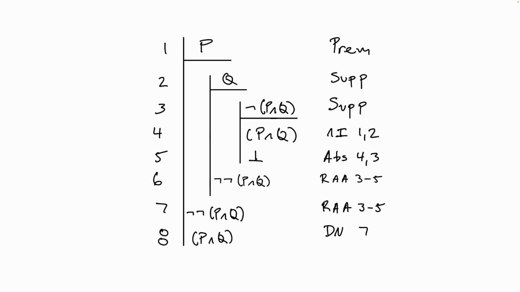But it's no violation of our rules to just close a subproof and then not do anything with it right away. Indeed, you can start a subproof, reason within it for a bit, close it, and not do anything with that subproof at all for the entire rest of the proof without violating any rules of our proof system.